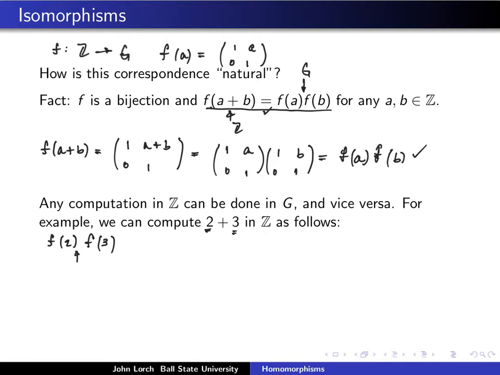We're going to make the computation within the group capital G. And that's going to give us this matrix product, which yields this, and hence this.